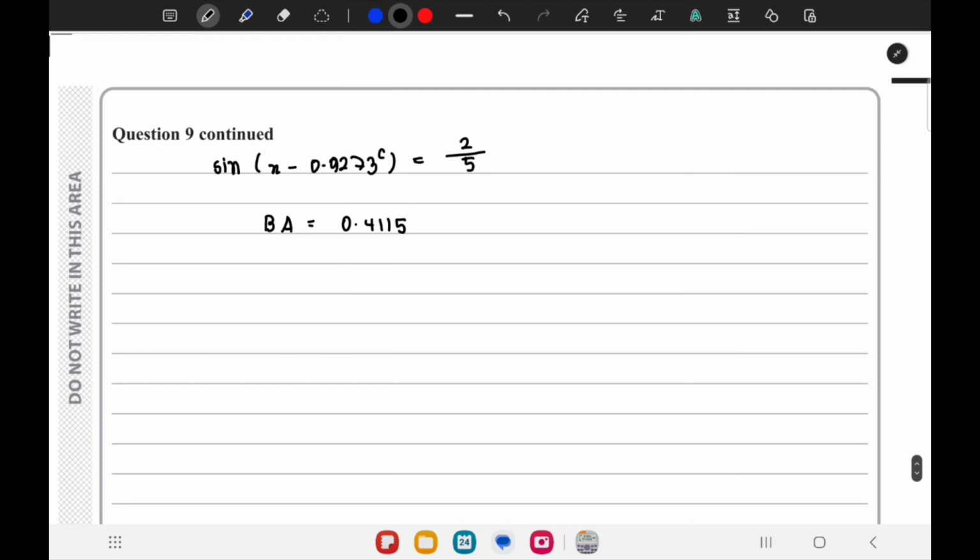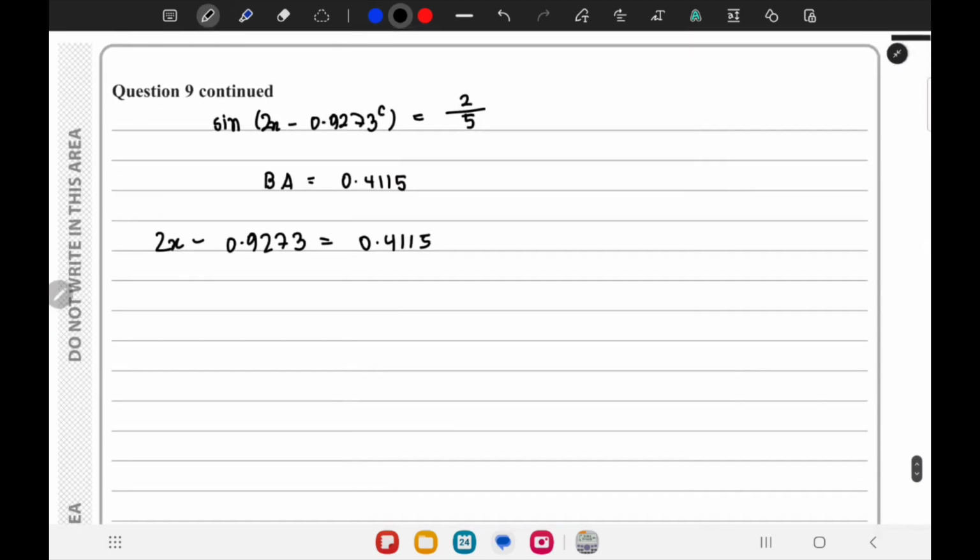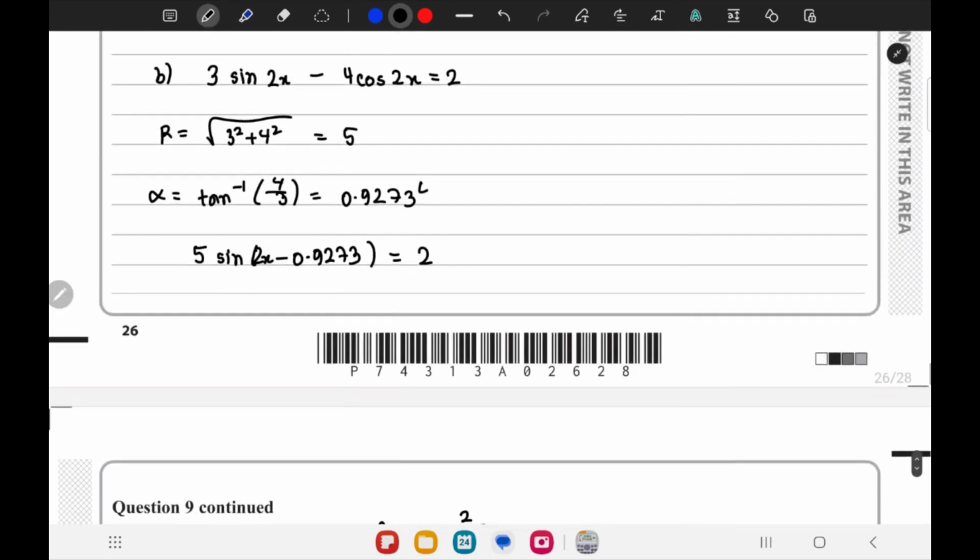So 2x minus 0.9273, instead of x there will be 2x over here, not x.